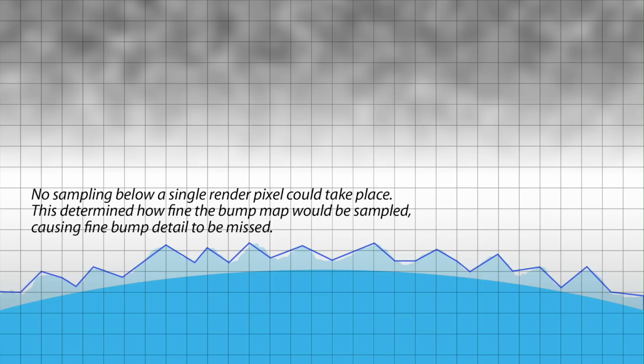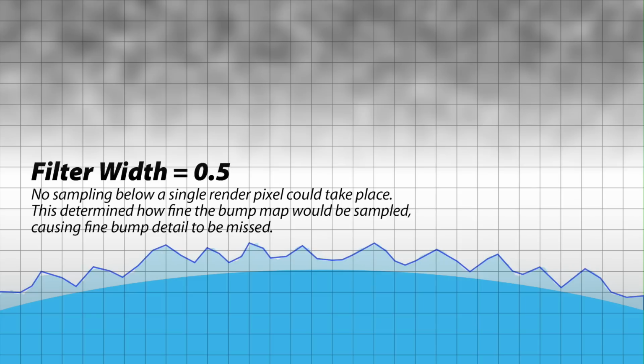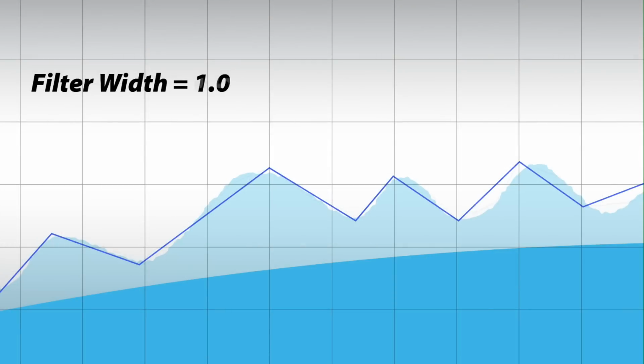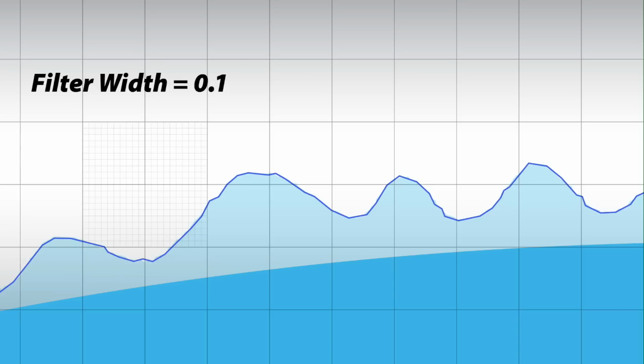Now, this is where the filter width parameter comes in, because until recently, we haven't been able to adjust this sampling behavior. The filter width setting essentially allows the bump node to sample the grayscale texture at a resolution finer than the final render pixels. By looking at details smaller than a single pixel, it can capture much more subtle and nuanced height information for its dynamic normal map calculation.